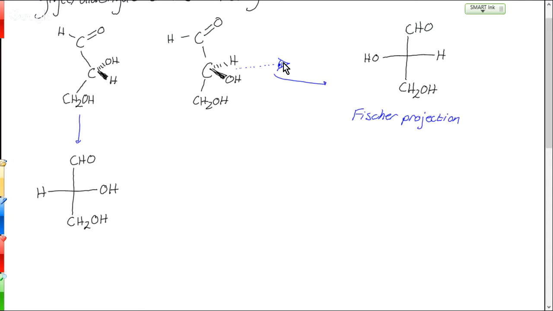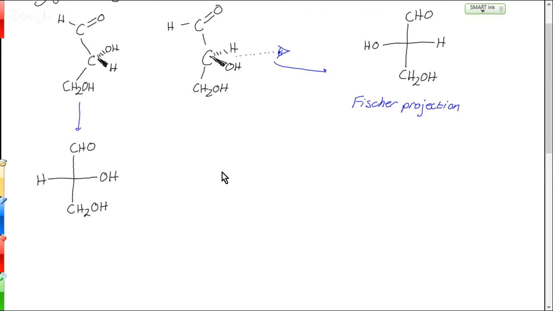In other words, we looked from the right because this chain was zigzagging to the right. But if we had drawn it zigzagging to the left, then we'd look from the left. And you won't have to do this conversion. What's important for you to be able to know is what this projection means and where it comes from, but you don't actually have to be able to do that drawing. Okay.